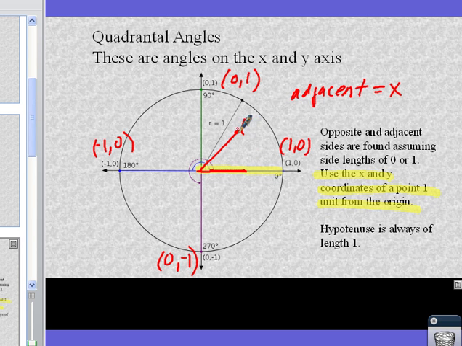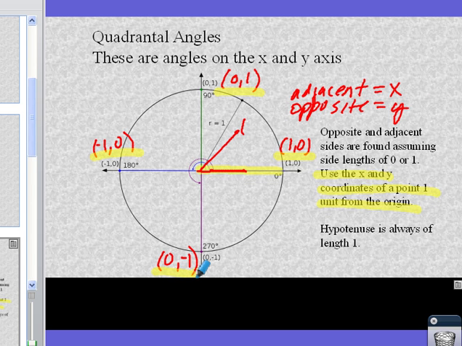Our vertical distance, or the length of the opposite side, is defined by our y coordinate, and we're going to use these coordinates as our opposite and adjacent lengths.